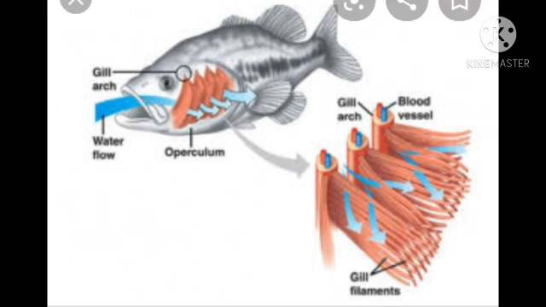When water enters the body of the fish through the mouth, it flows over the gills. The blood in the capillaries absorbs oxygen from the water and gives out carbon dioxide, and this oxygen is transported by the blood in the body. So this is how the fish respires inside the water.